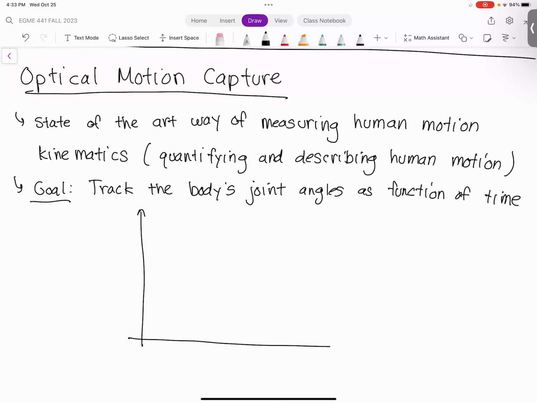For instance, one plot that you might see is the knee flexion angle. That's the flexion angle made at the knee joint as a function of time, let's say during walking.